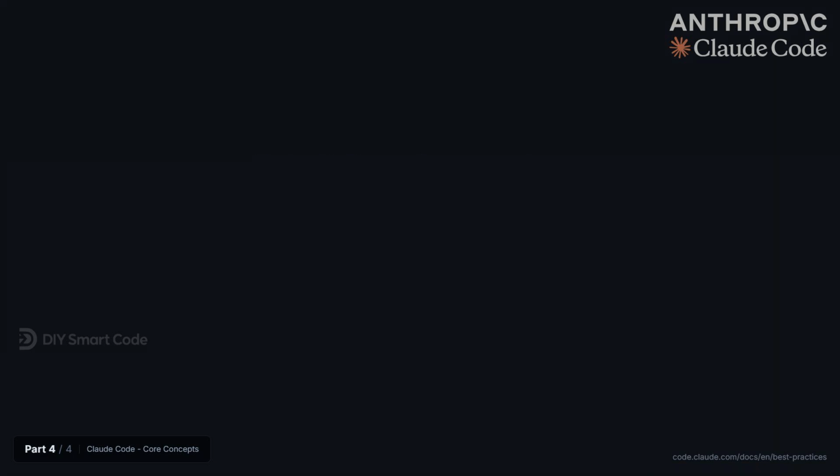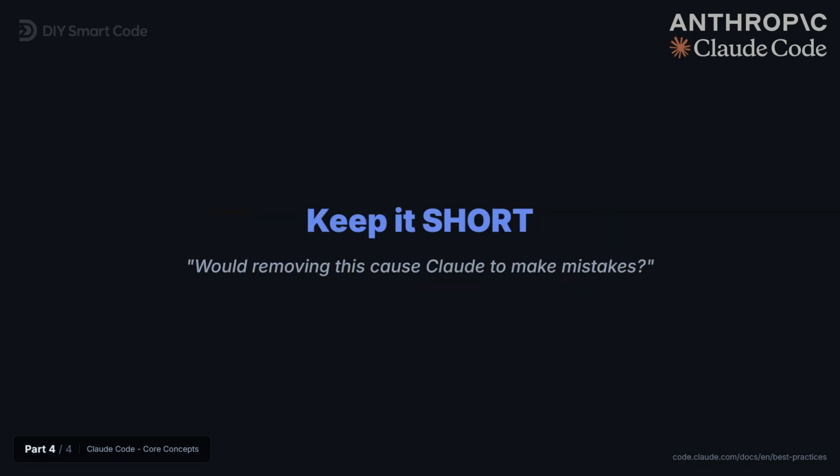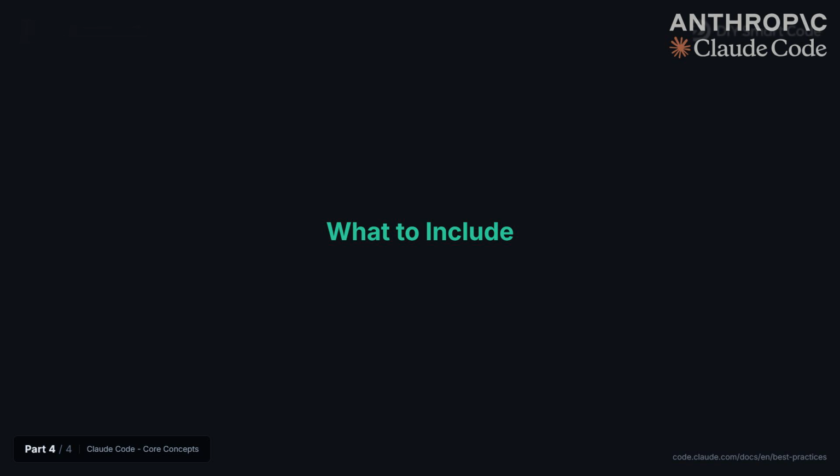Your Claude.md file is your most powerful configuration tool. But most developers get it wrong. Keep it short. For every line ask, would removing this cause Claude to make mistakes? If Claude already does something correctly without the instruction, delete it. What to include?